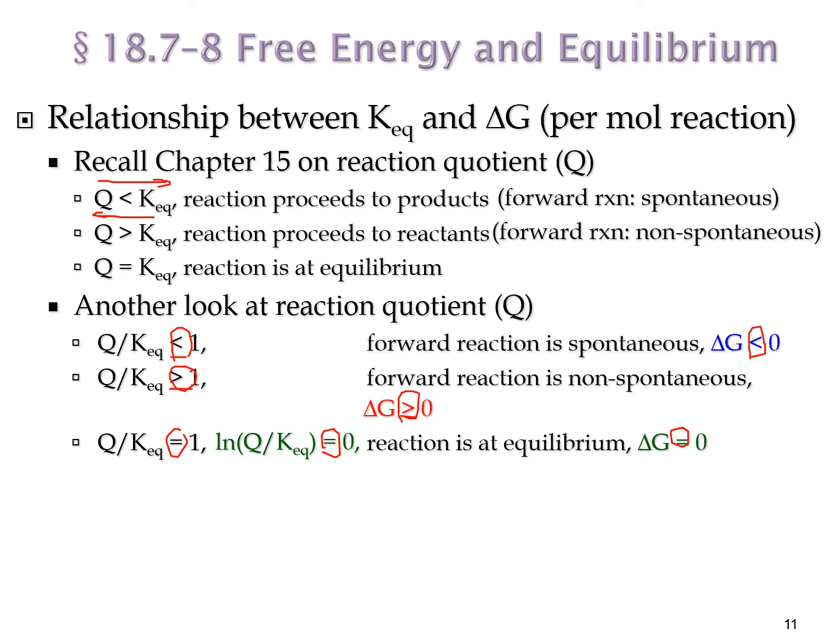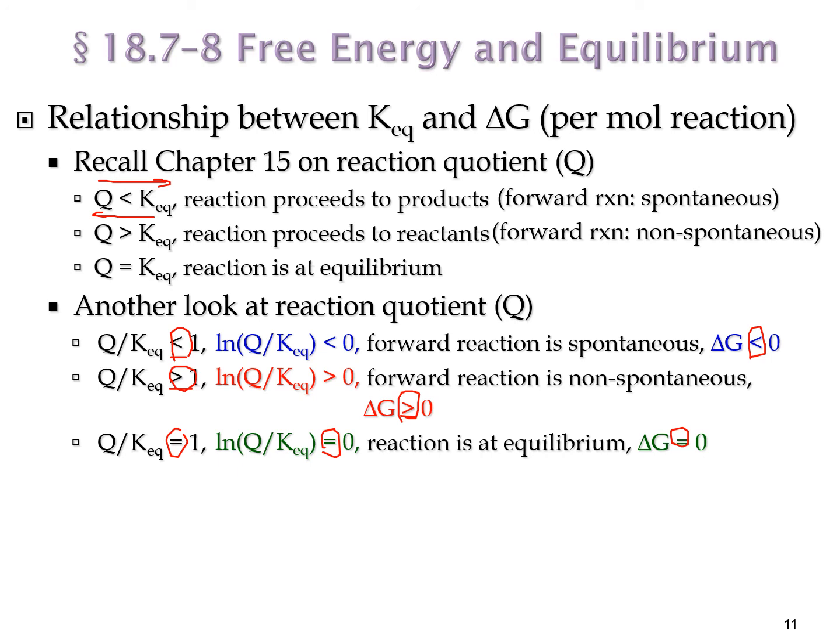So now let's see if we put a log in front of Q over KEQ to see whether they still keep the same sign here. If we have a quotient that's greater than 1, after we take the log, the value is greater than 0. For a value less than 1, the log must be negative.